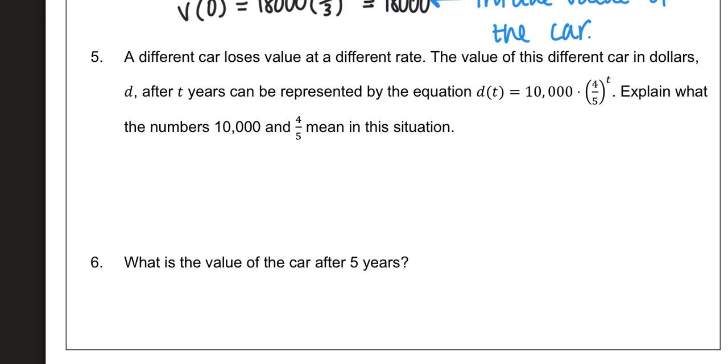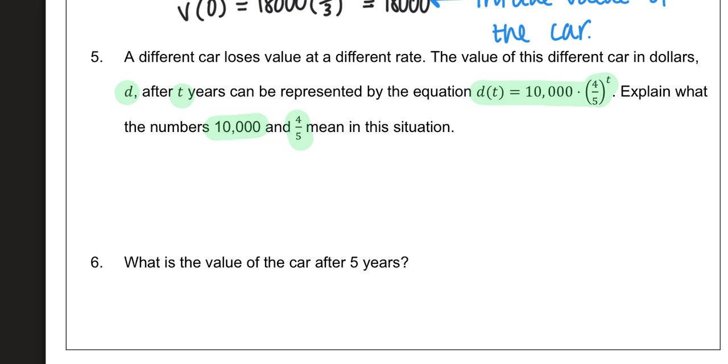Number 5, a different car loses value at a different rate. The value of this different car in dollars, D after T years, can be represented by the equation D of T equals 10,000 times 4/5 to the T. Explain what the numbers 10,000 and 4/5 mean in this situation.